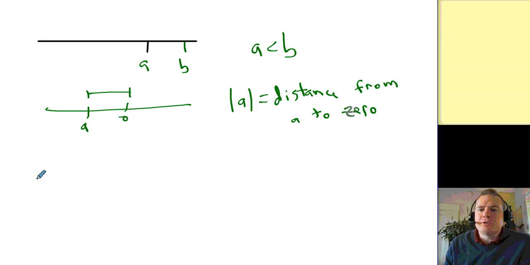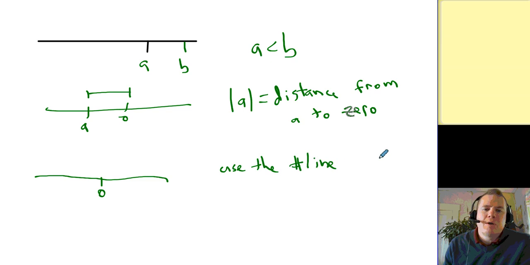The third major use of the number line is talking about movement along the number line. Use the number line to show movement.